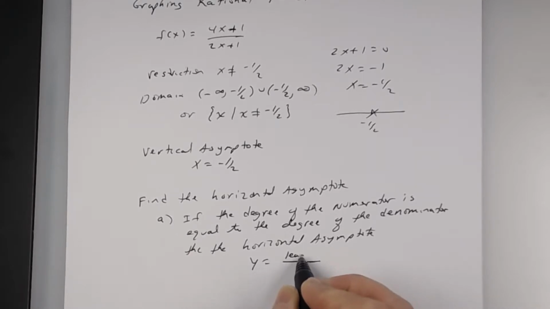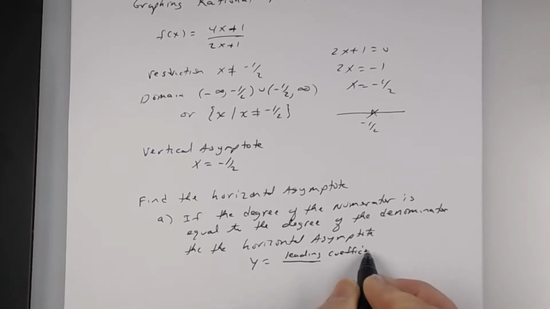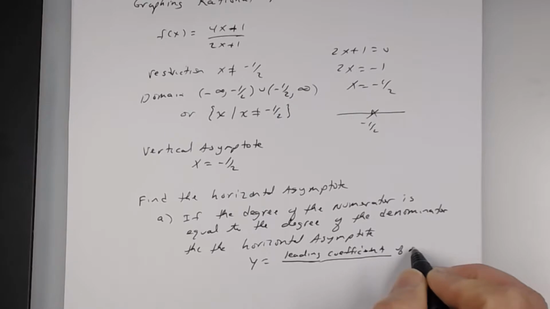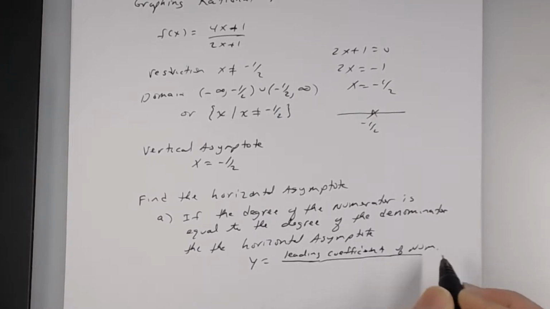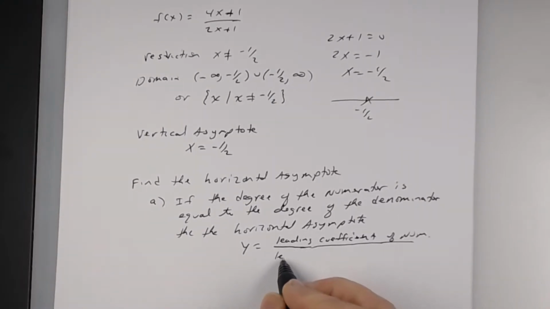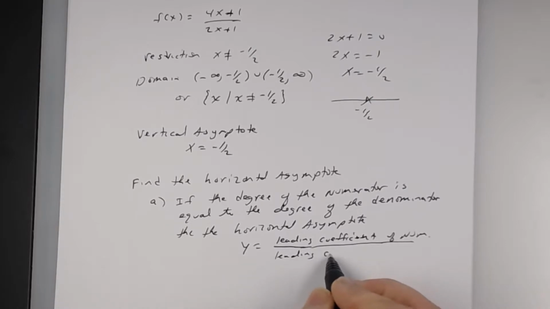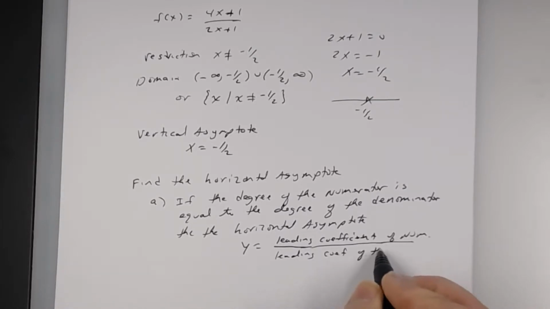The leading coefficient of the numerator divided by the leading coefficient of the denominator. So the leading coefficient of the numerator divided by the leading coefficient of the denominator.